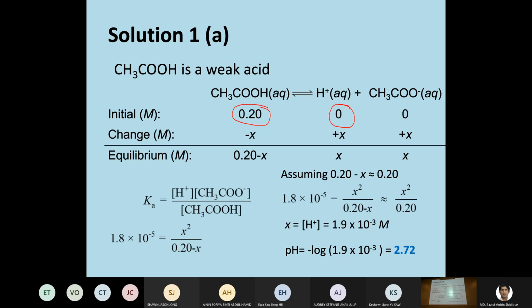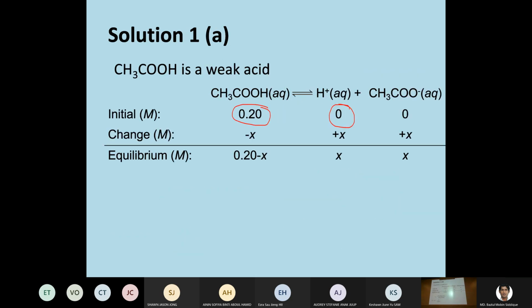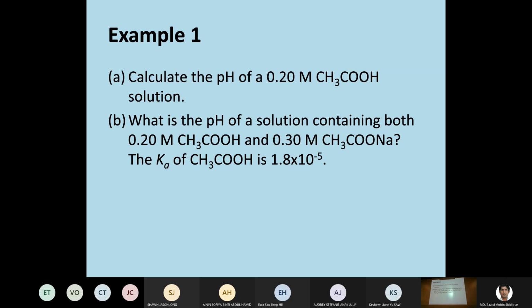The second thing is the second question. Question B says: what is the pH of a solution containing both acetic acid and sodium acetate, right?